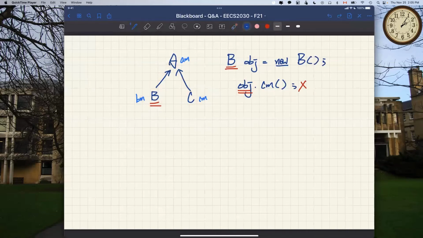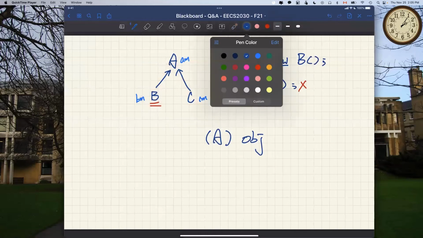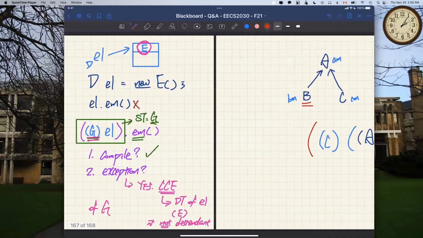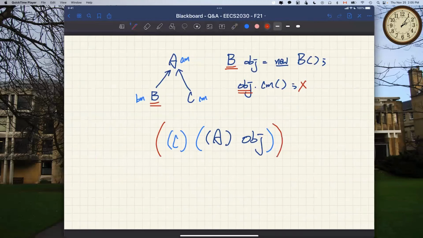So what we can do is, let's say, obj, first do an upward cast to A, and then after that do a downward cast to C. This expression is going to be, I'll annotate a little bit further, and in this case we can say CM.